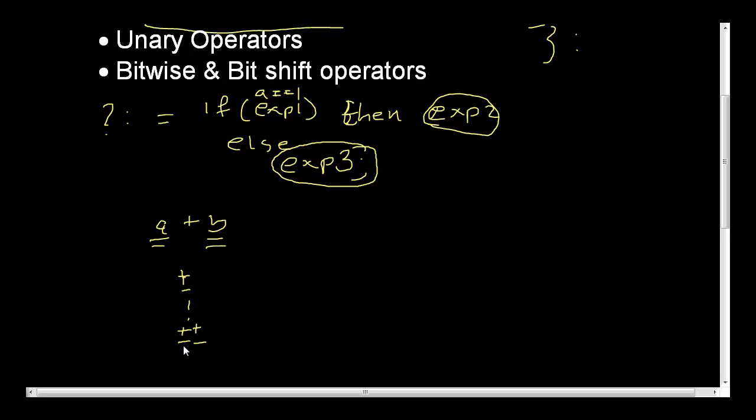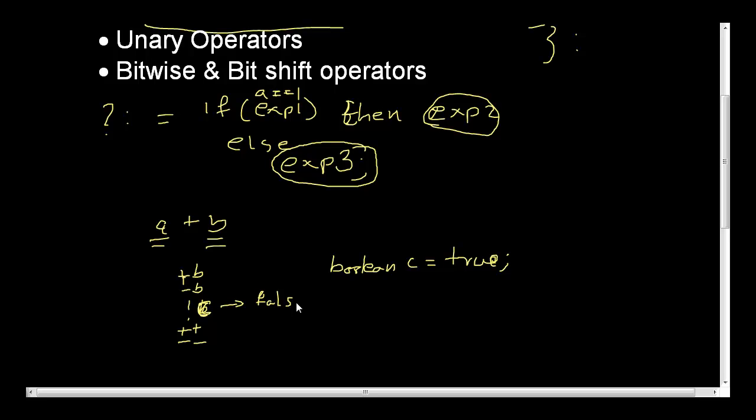What's unique about these unary operators is that they need only one operand. So plus b, if there is a variable called b, just indicates this is a positive variable. Minus b indicates this is a negative variable. Not c, and let's assume c is a boolean, c equals true, then not c will essentially equate to false.